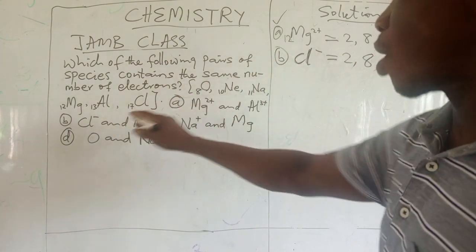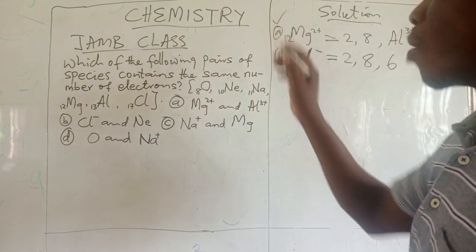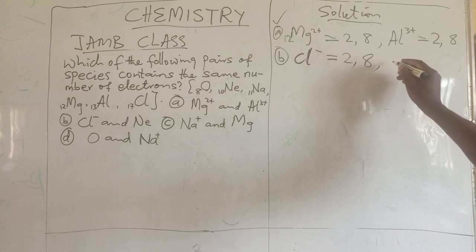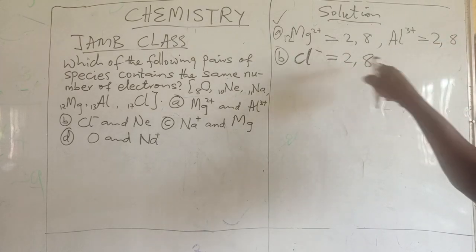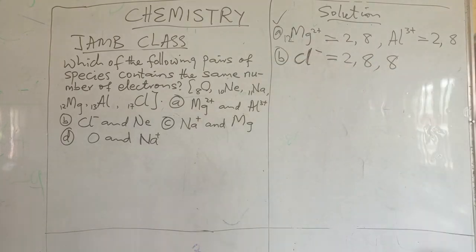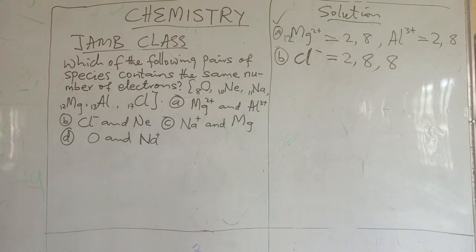It has collected 1 to become this, so after 1 electron is collected, it is now becoming 18. So what electronic configuration will you write? 2, 8, this is 10. 7 is remaining, plus this one that comes in, making 8. Okay, sorry for that oversight.